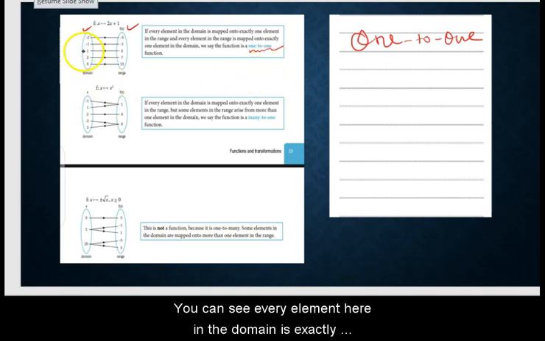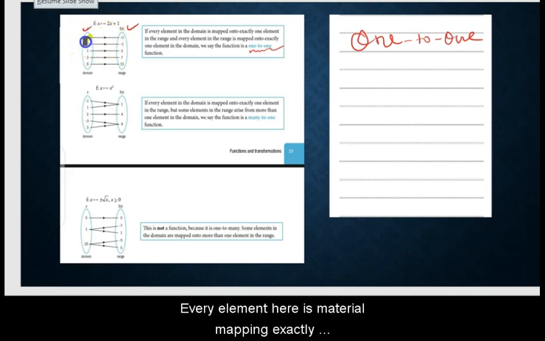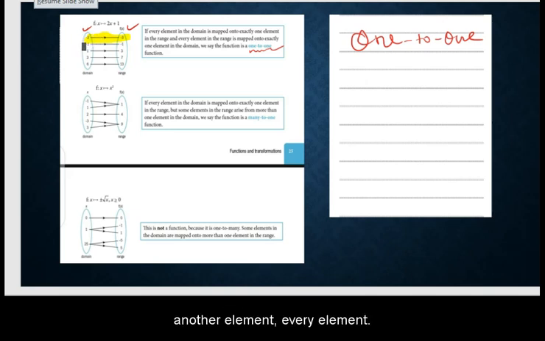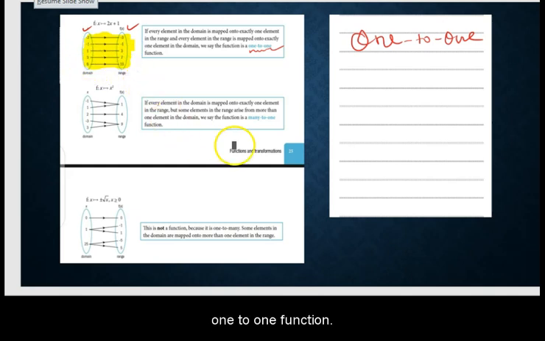You can see every element here in the domain is mapping exactly one element in the range. Every element here is mapping exactly another element. So this is what we have: a one-to-one function.